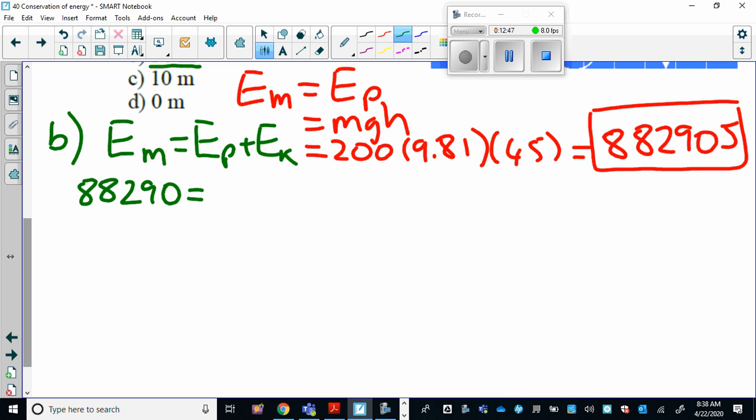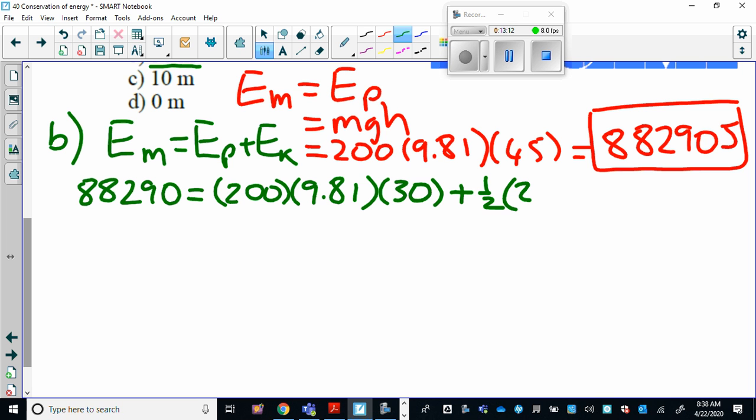We know that the potential energy is going to be mgh. What was the m? The mass, 200. G, once again, there's no negative because energy is a scalar quantity. And this time, it's at a height of 30 meters above the ground, plus 1/2 times the mass times the velocity squared. We're solving for the velocity squared here.